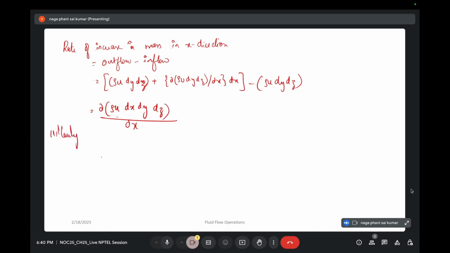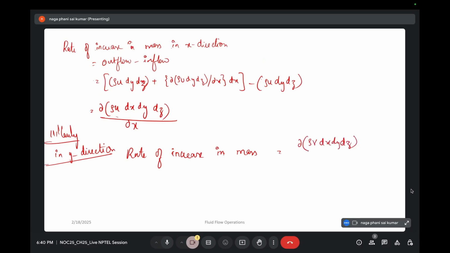So similarly in y direction, rate of increase in mass will be equal to ∂(rho v)/∂y dx dy dz. Okay, so here we are using v, because v is the velocity component in y direction, right?